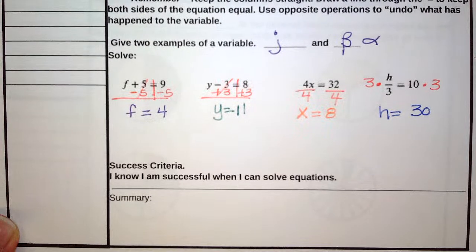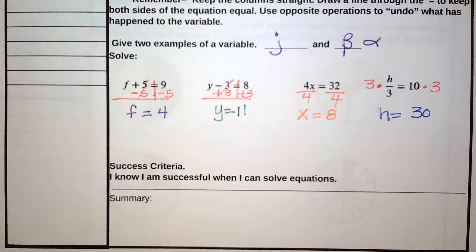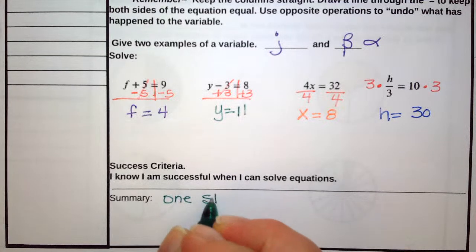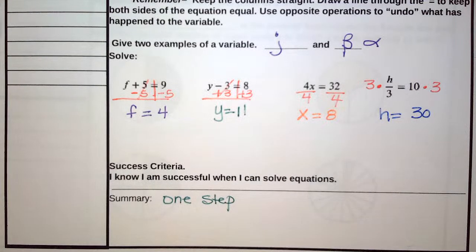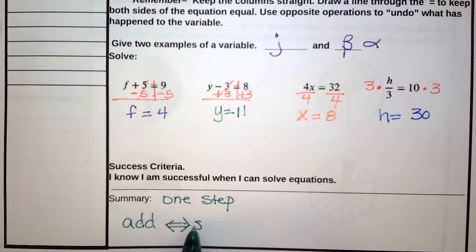So, how do you know when you're successful? You know you're successful when you can solve equations. These are one-step equations. If I add, I need to subtract.